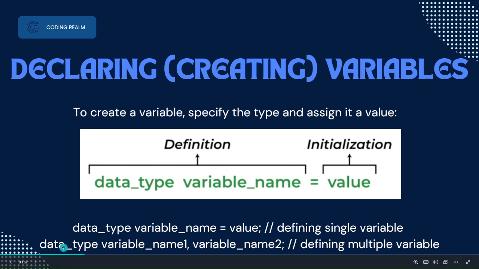We put the data type, integer, character, float, then the variable name, for example, x or y, number, name. This is variable name 1 and variable name 2. For example, int x and y. It helps to define multiple variables. This is how to declare and create variables in C programming language. We need to use this syntax when I solve problems in the next video.